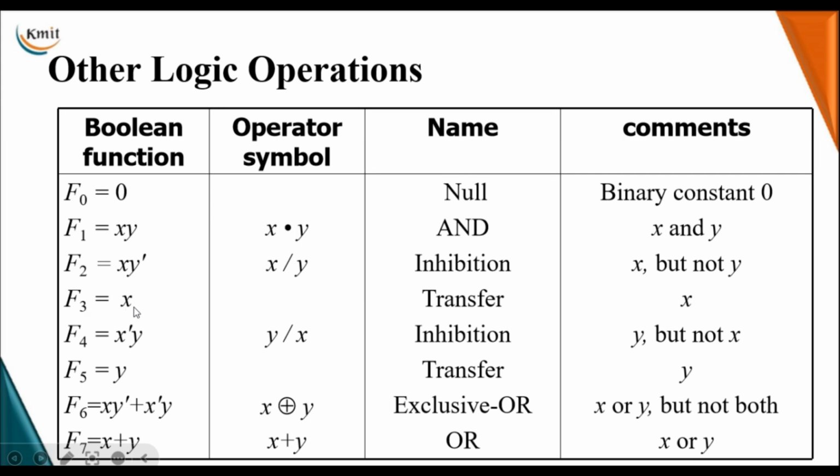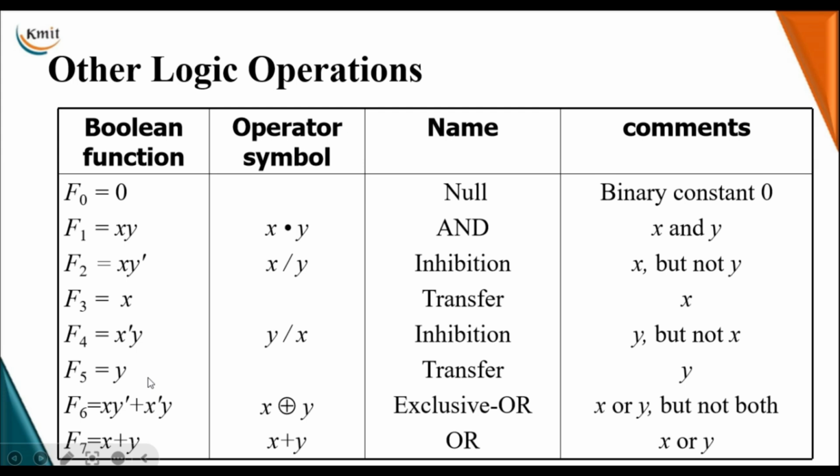F3 is X, which is transparent to the first input variable, transferring the first input variable to the output. F4 is an AND operation between the complemented first variable and the second variable. F5 is Y, which transfers the second variable. F6 is an exclusive OR operation between the first and second variable.